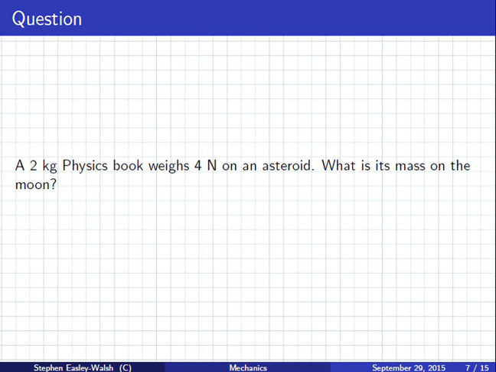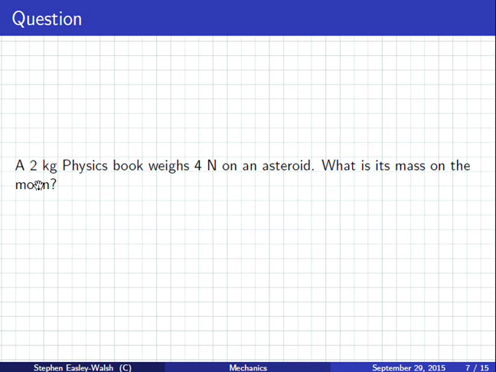So, a 2 kilogram book weighs 4 newtons on an asteroid. Do you know what an asteroid is? Asteroid is like a big rock in space. You know, if it hits the planet, it kills you. Kills the dinosaurs. So what's the mass here? Who can tell me that?